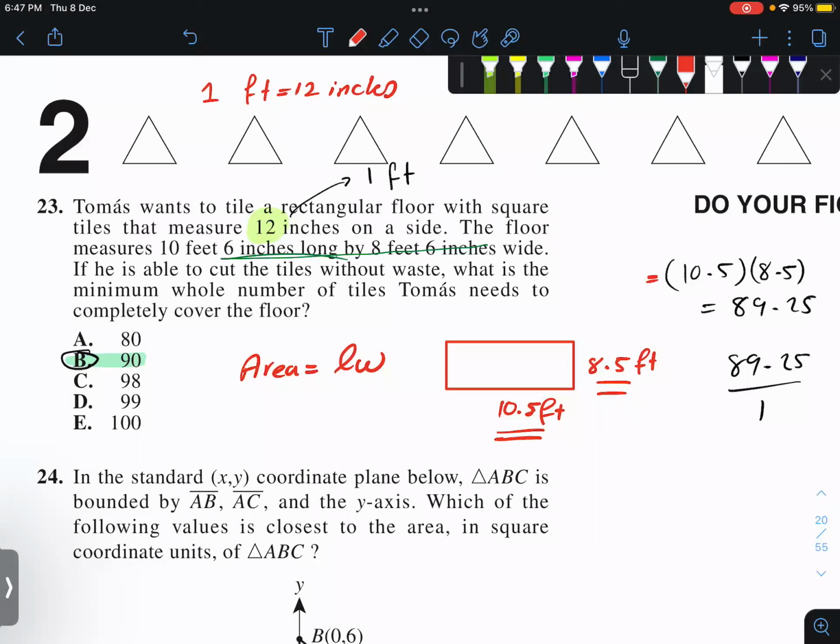Multiplying to find the area of this rectangular floor gives 89.25 square feet, and divide this by the area of the tile. Divide by what? By 1, because it's given 12. Okay, dividing by 12.